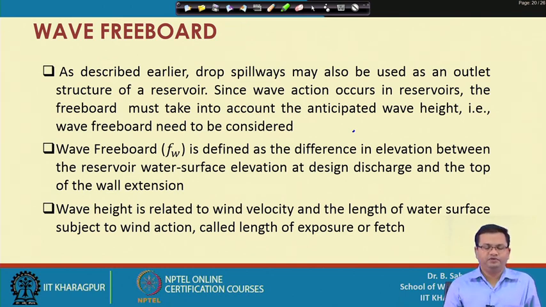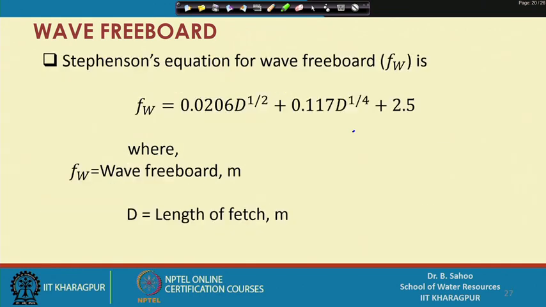Next is the wave freeboard. The wave freeboard is mostly provided, as in many cases we use the drop spillway for reservoirs also, and in the reservoir we will get wave heights. So, for protection against these wave heights, sometimes wave freeboards are also provided.